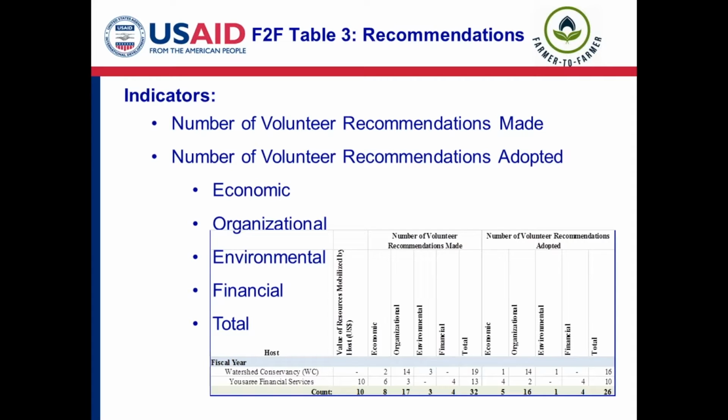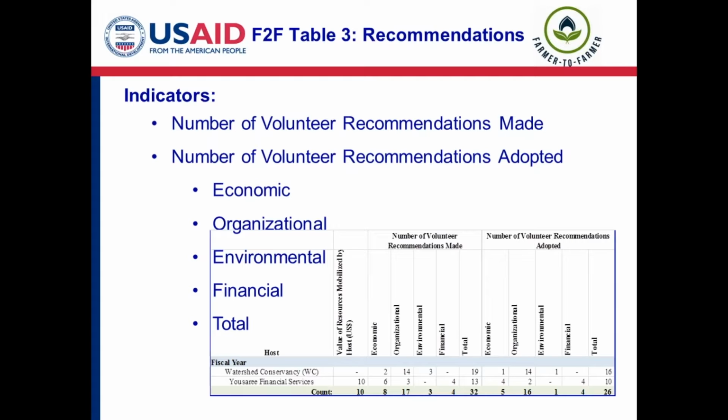So I also realized in putting this together, I have somehow managed to cut off the value of resources mobilized by the host, which is an important indicator. It also doesn't have a counterpart in Table 2, so this will be the very first thing that we're seeing. It's an interesting indicator. It's the very last part of the leverage on the project that hasn't been reported yet.